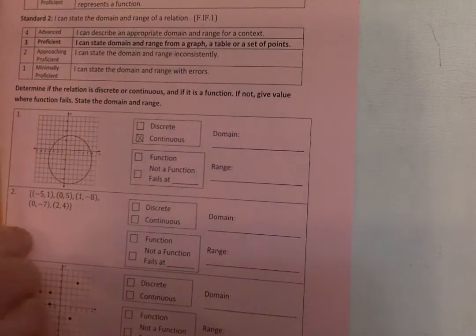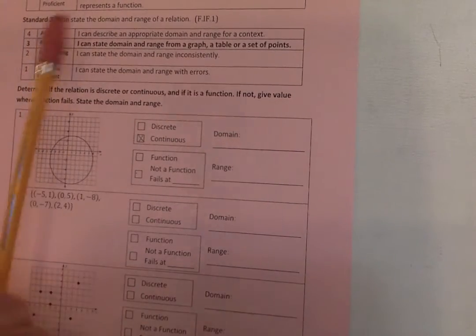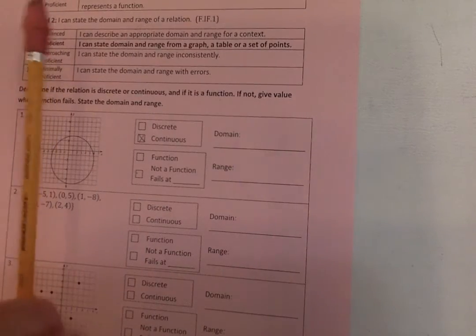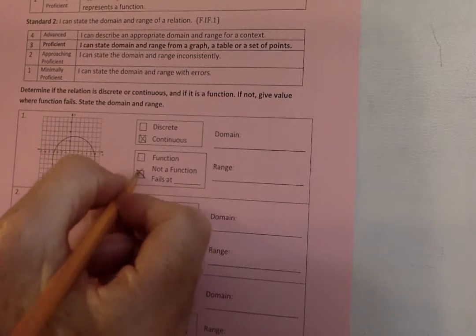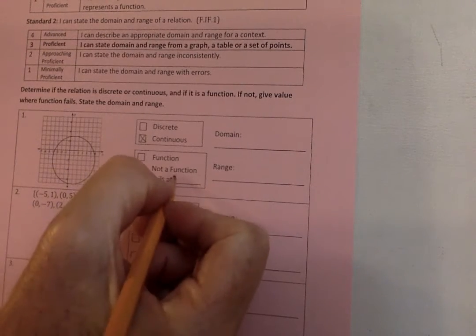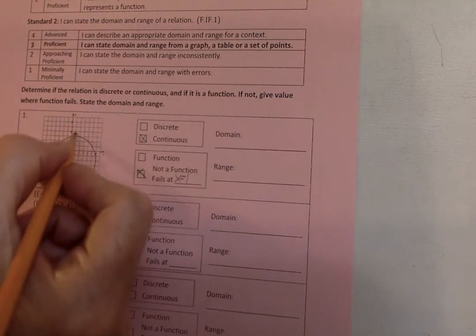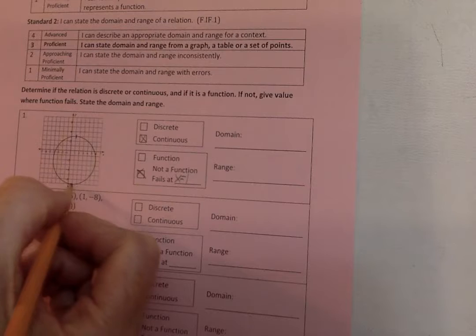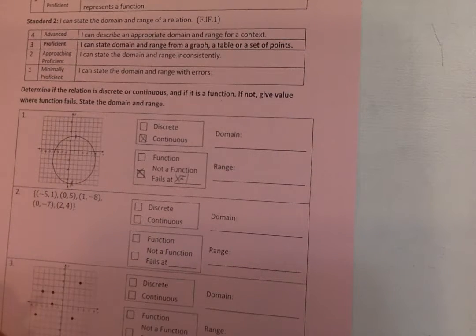Well, if I do my vertical line test, bam, bam, bam, bam, bam, bam, bam. There's a lot of two bams. So it's not a function, and it fails at a number of places you can choose. I'm going to just choose x equals 1, because right here at 1, I get this point, and I also get this point. So I know that's not a function.